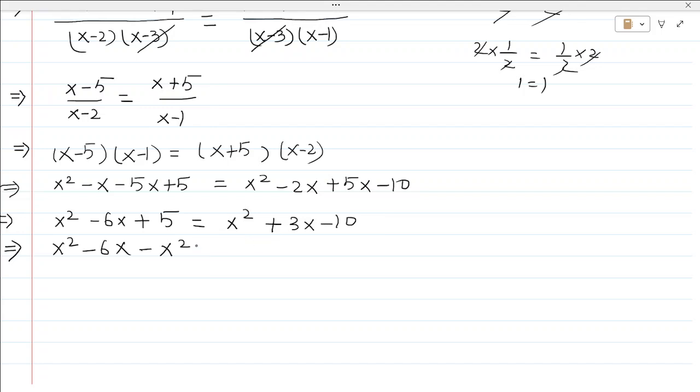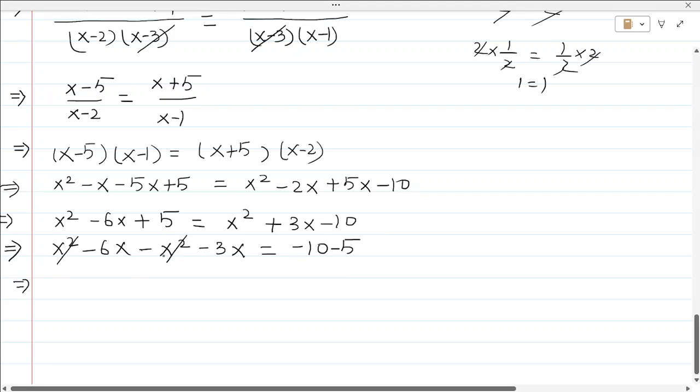Transferring this plus 3x to the left hand side, it becomes minus of 3x, is equal to, on the right hand side we are left with minus 10, and we need to transfer this plus 5 from the left hand side to the right hand side, it becomes minus 5 here. So now this is cancelled by this, and we are left with minus 6x minus 3x, it will make minus 9x is equal to minus of 15.